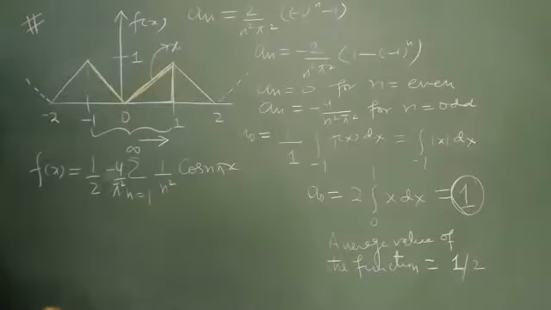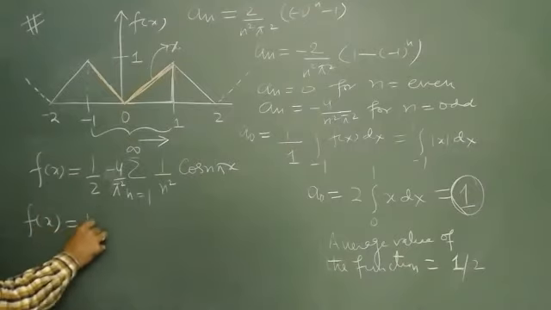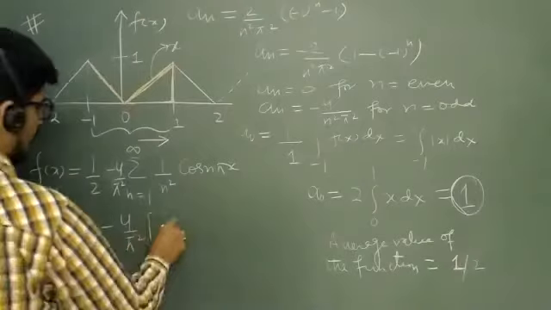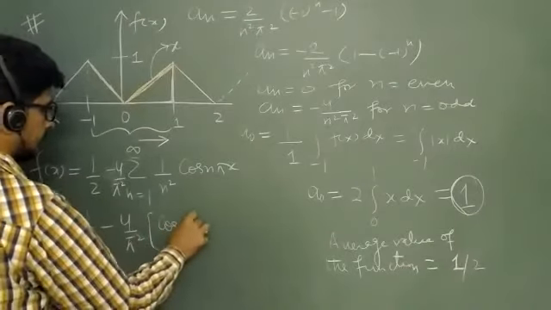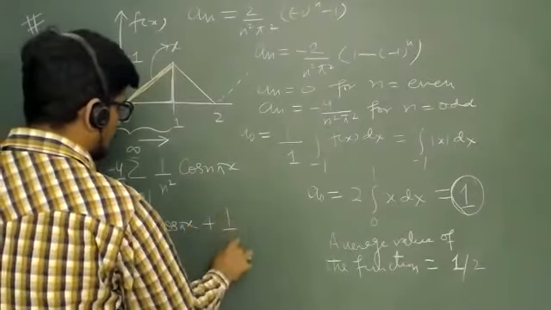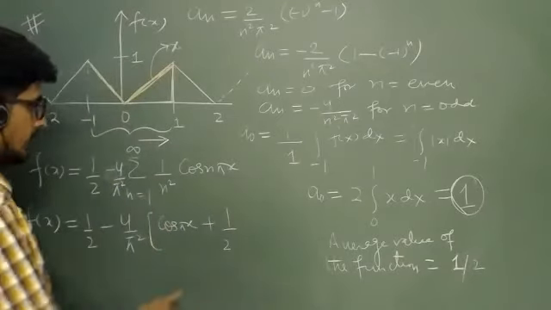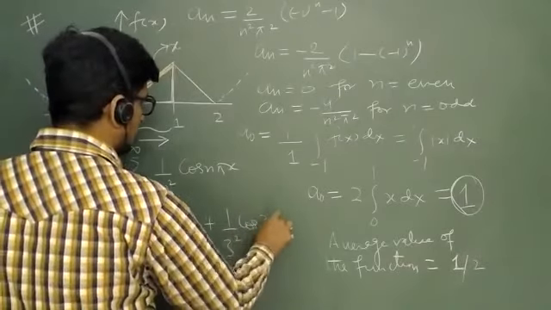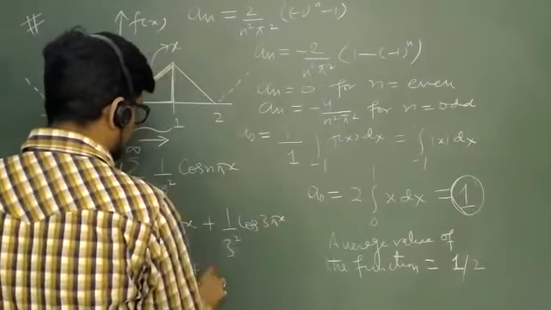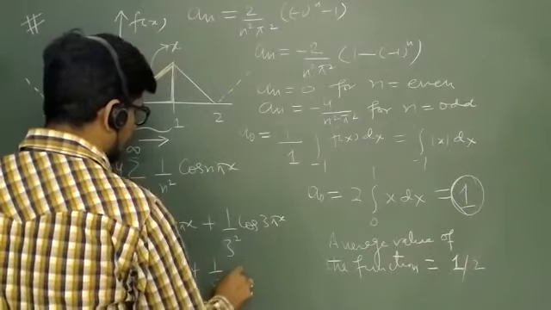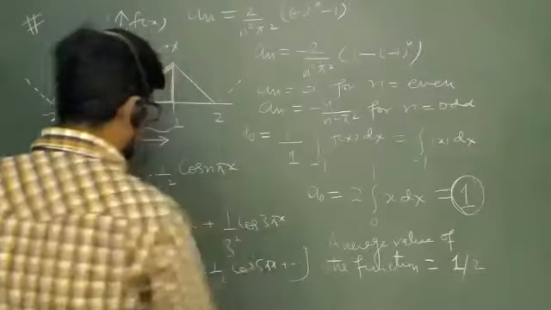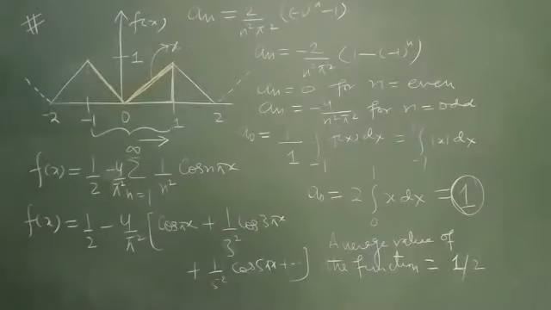This is your infinite series. So if you write it in a more open way, it will become minus 4 by pi squared times cos pi x plus 1 by 2 squared, no, even terms will not survive. So it will be 1 upon 3 squared cos 3 pi x plus 1 by 5 squared cos 5 pi x plus and so on. So this is that infinite series.